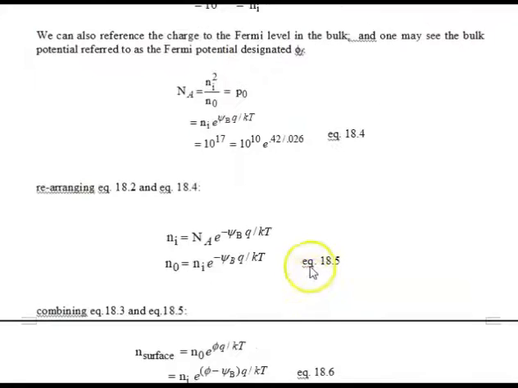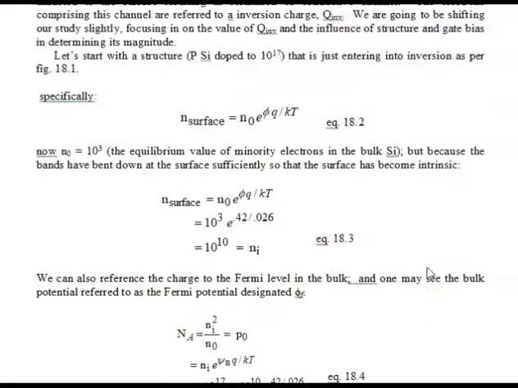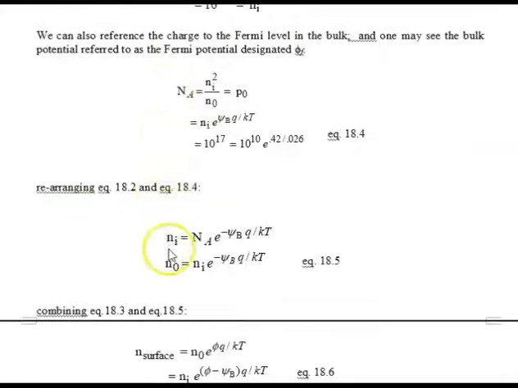Okay, so we put these two together now. We can rearrange A2 by basically taking this over to the other side, and that's all we're doing here. Then we know that the answer by the intrinsic level is the doping level with a minus sign.